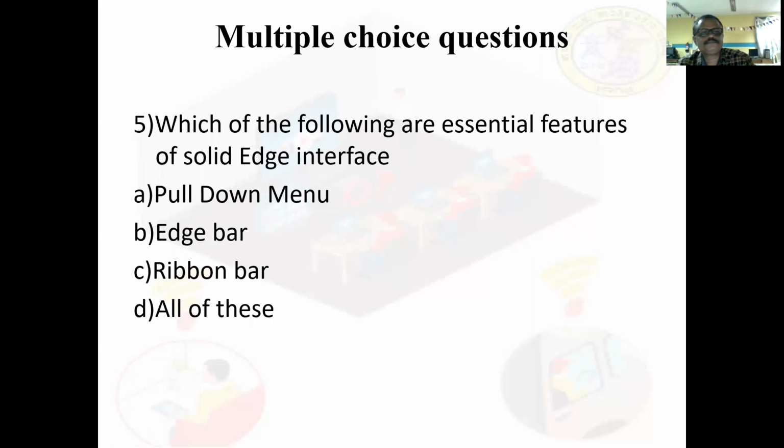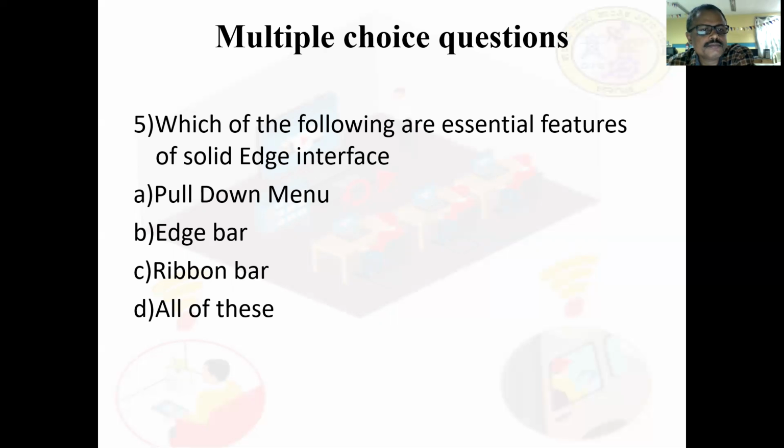Next, MCQ. Which of the following are essential features of the Solid Edge software? Pull down menu, edge bar, ribbon bar, all of this. So you need the pull down menu to know the bunch of commands.